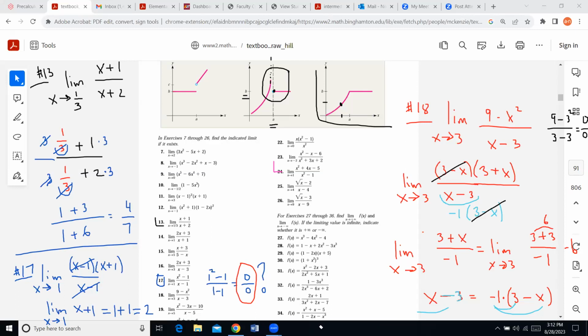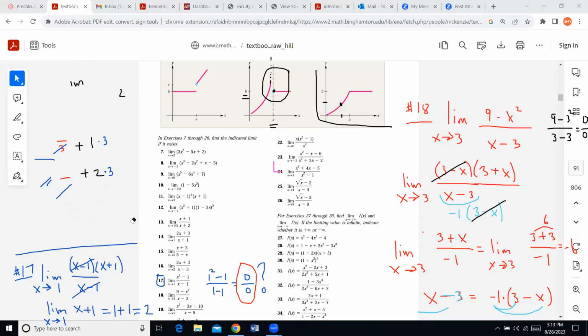So whenever you have this indeterminate form, it means that you need to do a little bit more algebra to determine it. Because sometimes you don't have an indeterminate form, even if you have a fraction. For example, let me try the same exact fraction in exercise 18, but make x approach not 3, but something else.